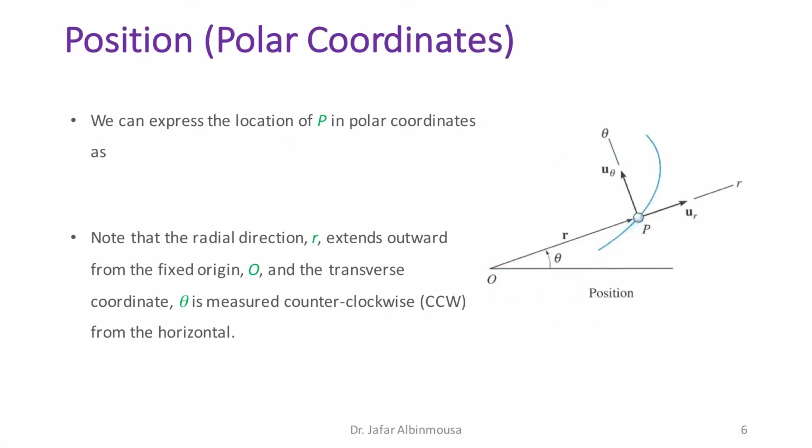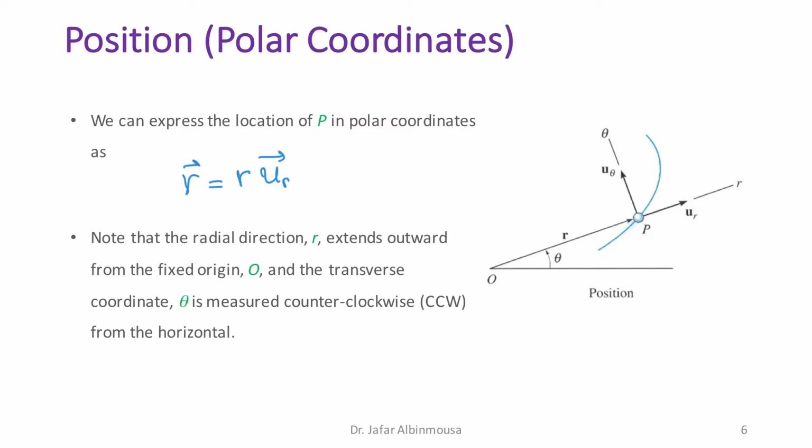So based on what we talked about in the earlier slide, we can express the location of the particle P in the polar coordinate system as r, which is equal to the magnitude r multiplied by the unit vector ur. But you have to note that the radial direction r extends outward from the fixed origin, which is right here, and the transverse direction is measured counterclockwise from the horizontal.